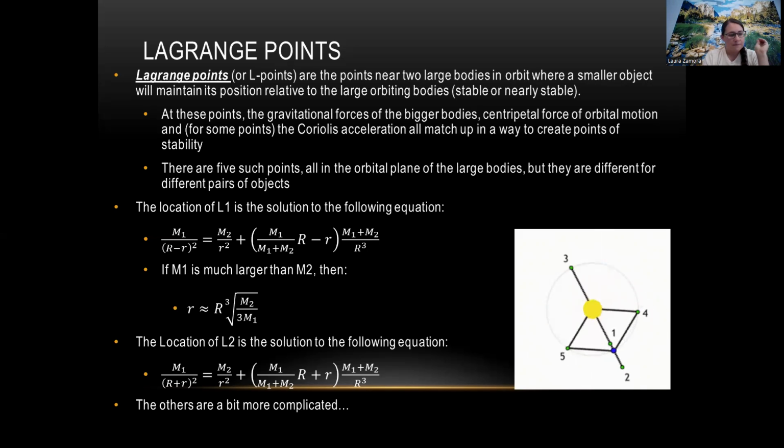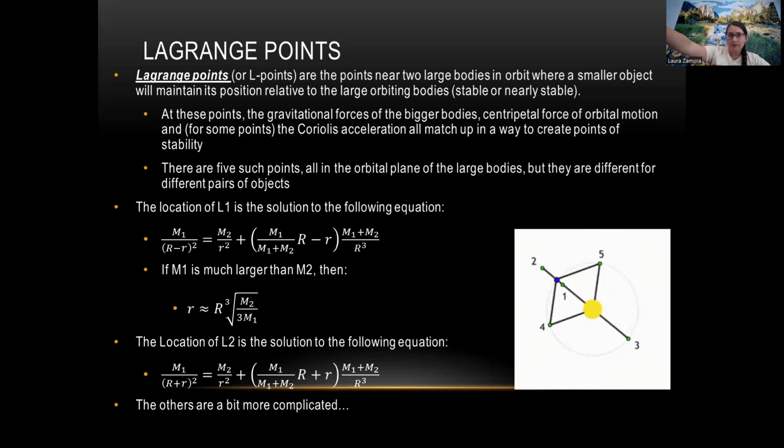And so we have placed satellites at some of these locations in the Earth-Sun system, and in the Earth-Moon system. So for example, the James Webb Space Telescope, which has been in the news lately, I'm super excited about that. But this James Webb Space Telescope was placed at the L2 point behind the moon.